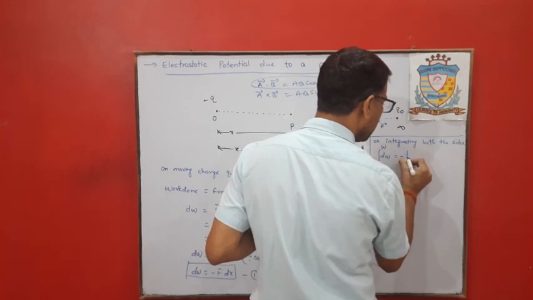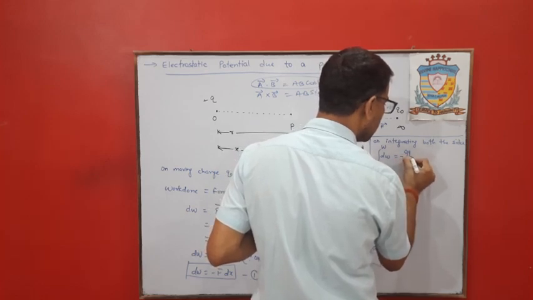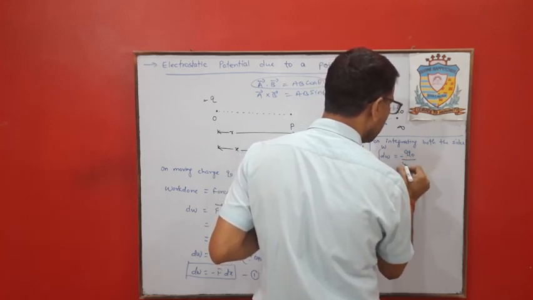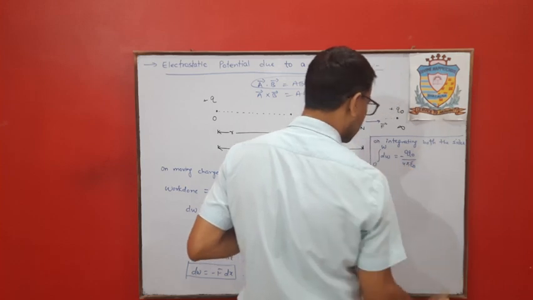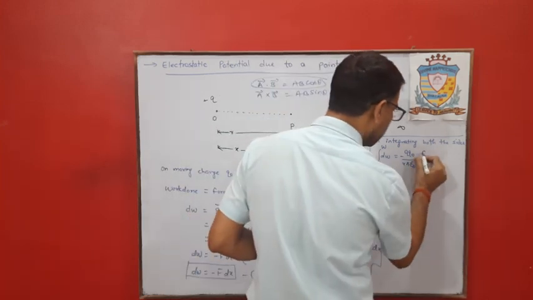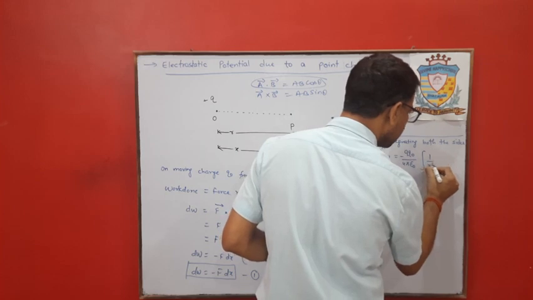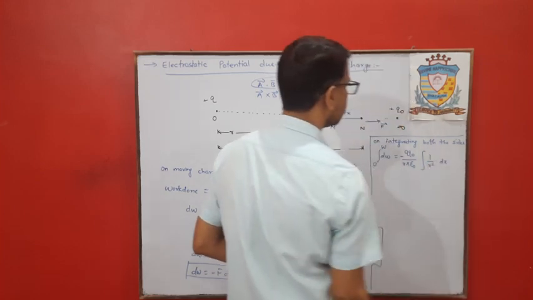So minus q naught upon 4 pi epsilon naught is constant. Here what we have now, 1 upon x square into dx.